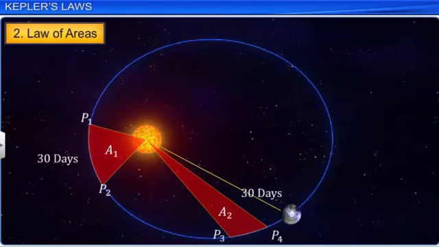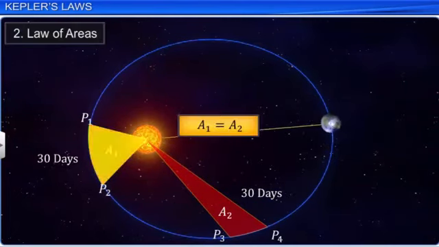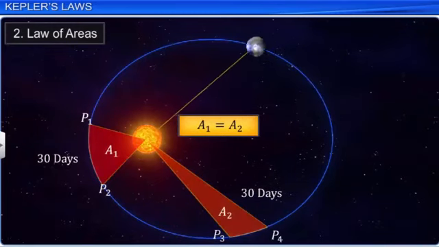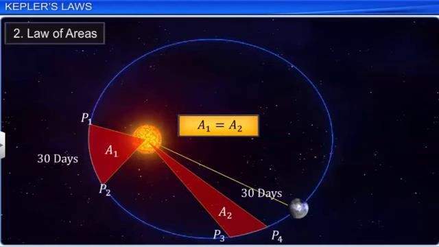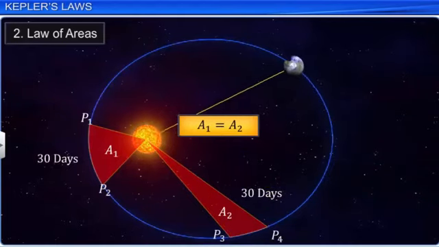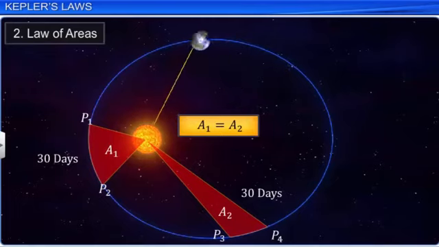The concept of Kepler's second law can be understood by the fact that the angular momentum of the planet revolving in its orbit remains constant. This is because it is under the influence of a central force. The force of attraction pulls the planet towards the Sun, and the magnitude depends on the distance between them.